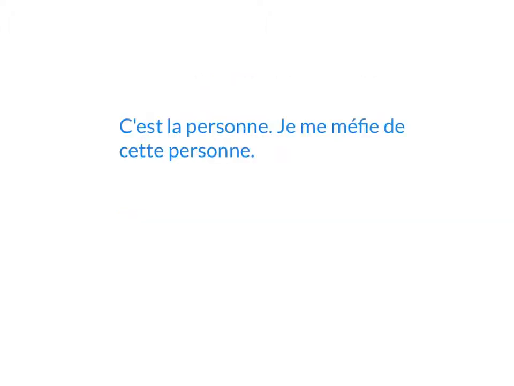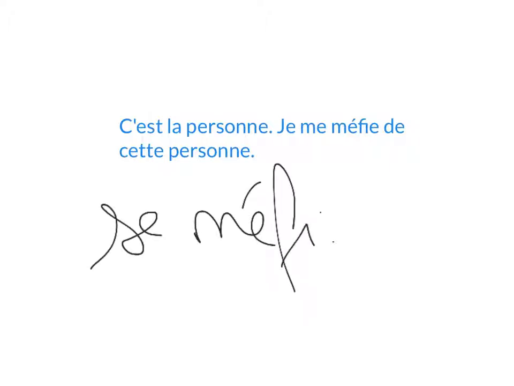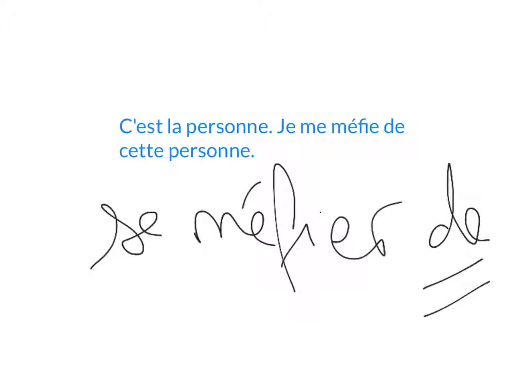Once again, if we try to use se méfier de, c'est la personne, je me méfie de cette personne. So again, se méfier is to be wary of, and it is followed by the preposition de. So again, think a little bit. How would you say, it's the person I am wary of?